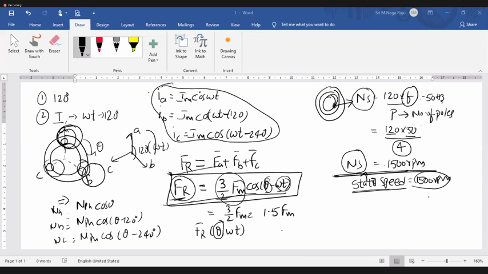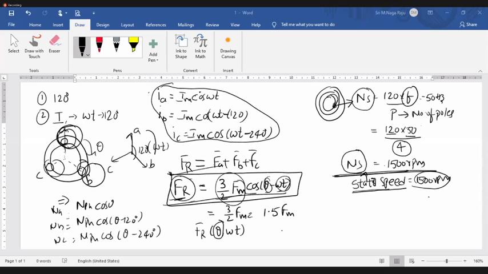For example, the stator flux is moving with a speed of 1500 rpm. Initially, what is the speed of the rotor? 0. Initially, the speed of the rotor is 0. When we give supply to the motor, the rotor starts rotating from 0 to higher speeds.